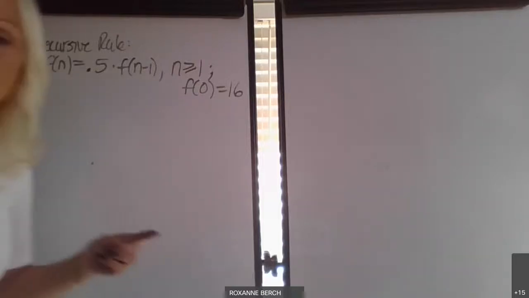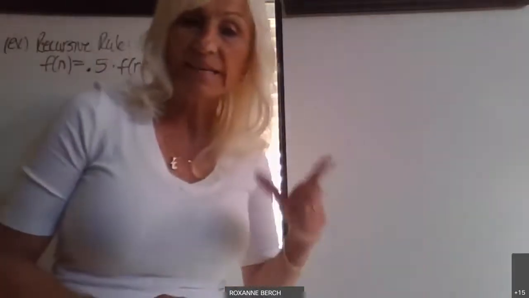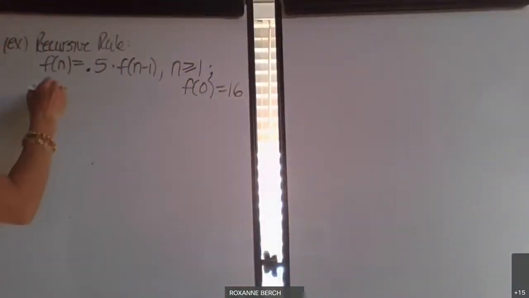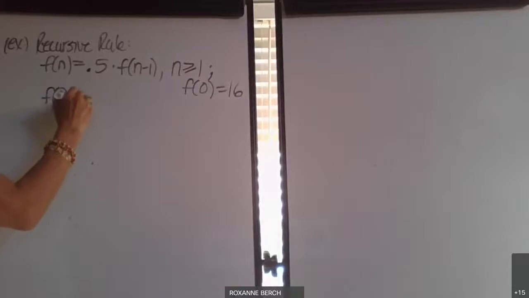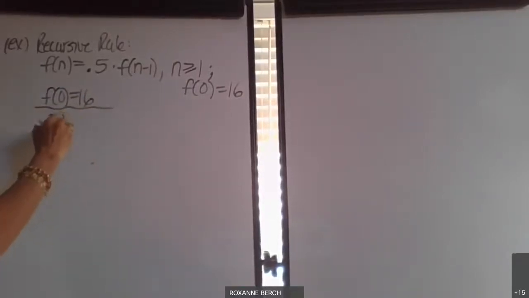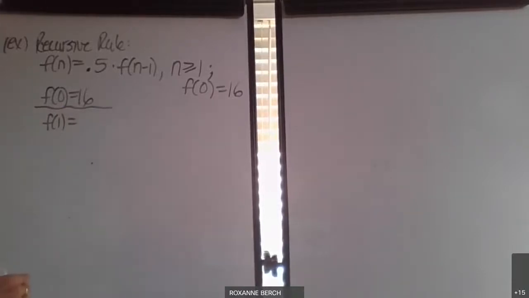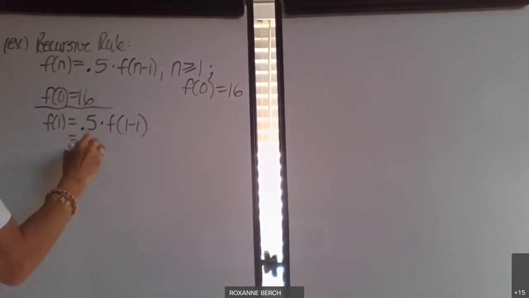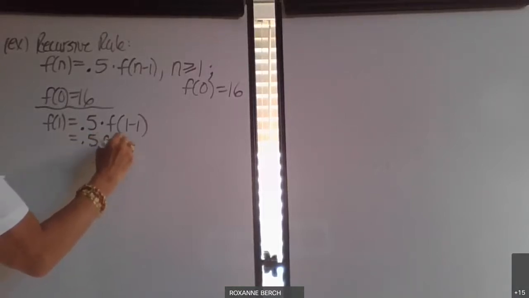So I'm going to show you a different way. If you don't like making a table, check this out. We know that f of 0 is 16. So what's f of 1? Well, f of 1 would be 0.5 times f of 1 minus 1, which is 0.5 times f of 0.